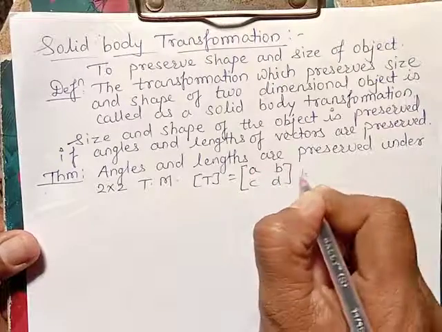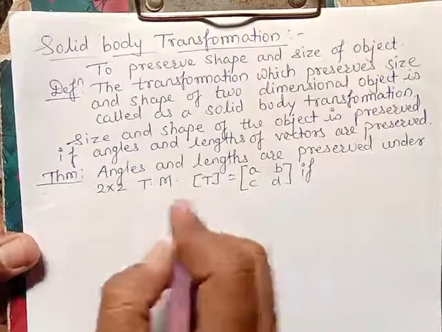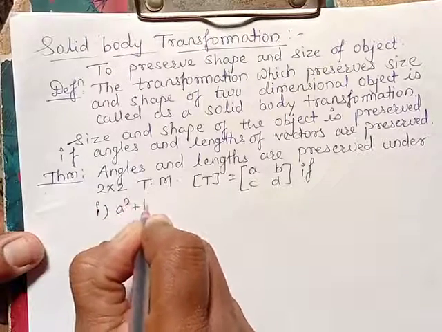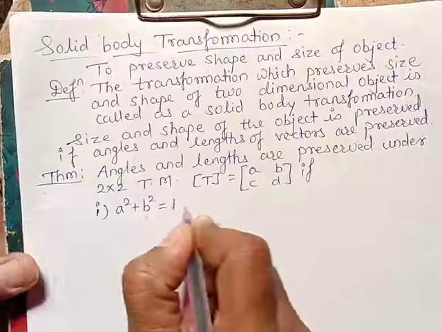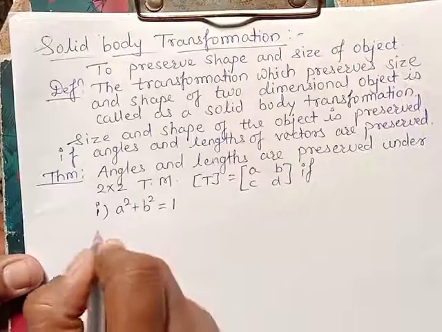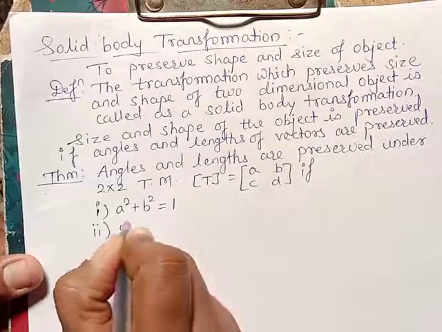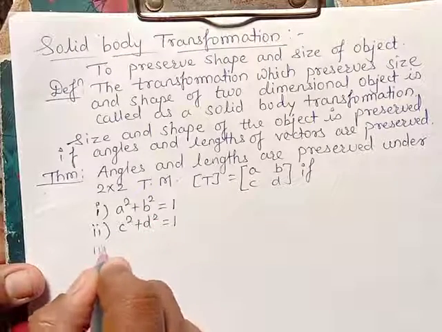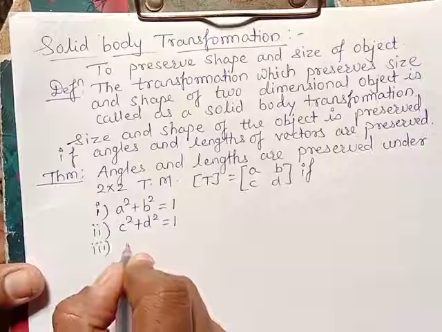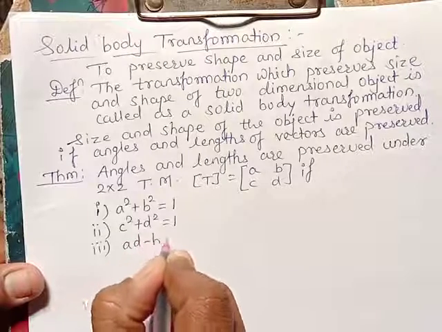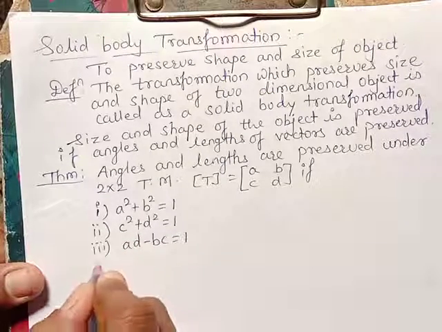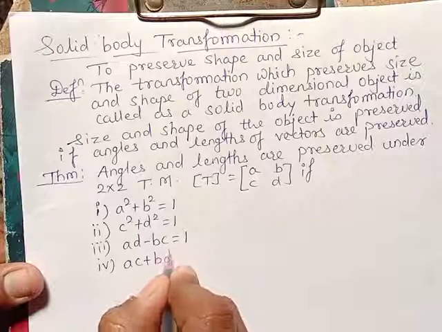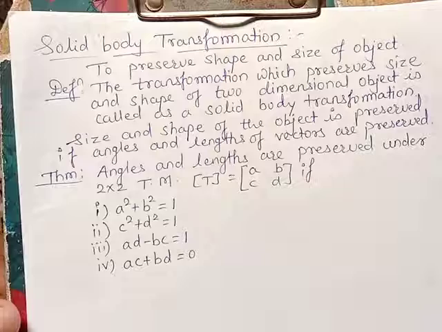if it satisfies the conditions: first, a square plus b square is equal to 1; second, c square plus d square equal to 1; third, ad minus bc is equal to 1; and one more, ac plus bd is equal to 0.